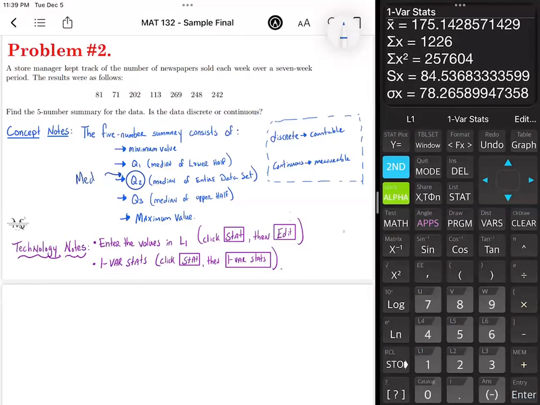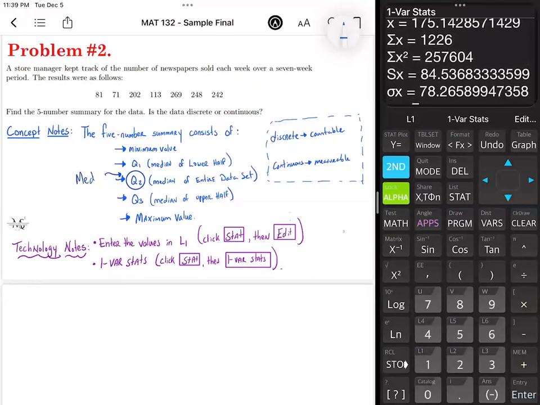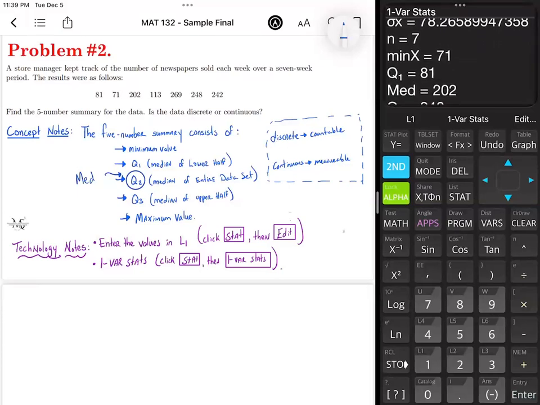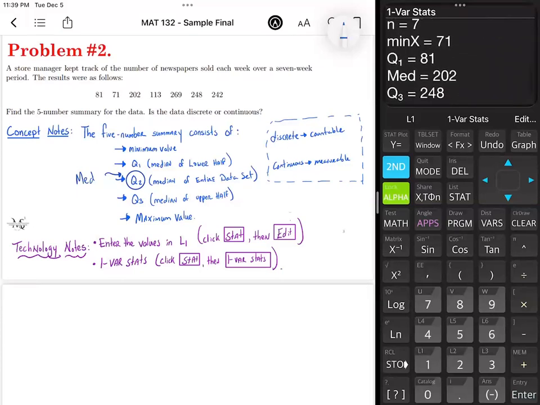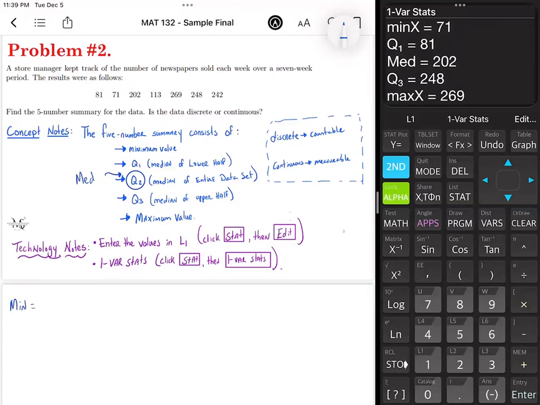And what you will see is that if you scroll down, you get the minimum, Q1, the median, which is Q2, Q3, and the maximum. So you just got to write those values out. So we have minimum is equal to 71, Q1, which is equal to 81, Q2, which is the median of the entire data set, that would be 202.